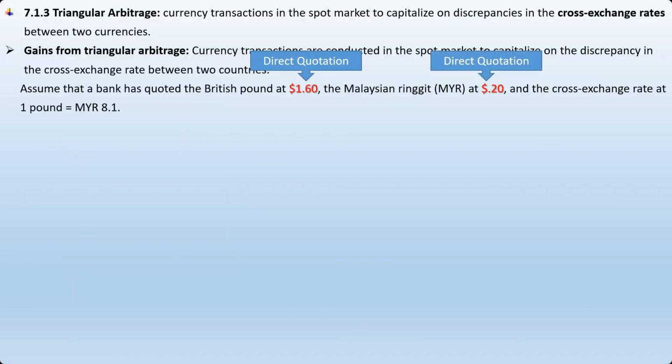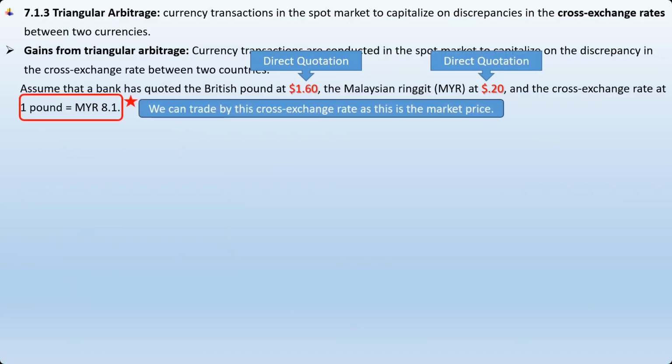And then the cross exchange rate. Just remember, this cross exchange rate is a quote provided by the bank. It means that if you have one British pound, the bank will give you 8.1 Malaysia ringgit.